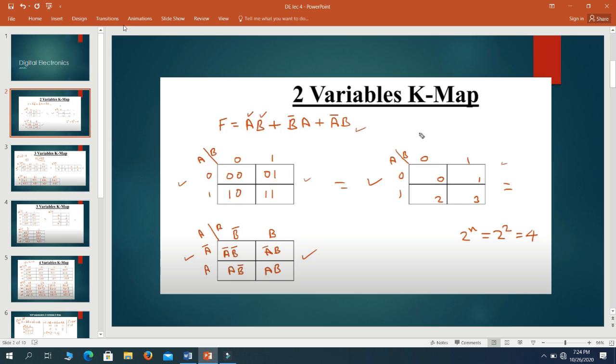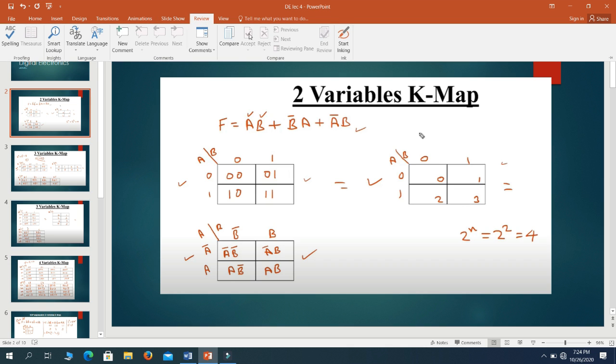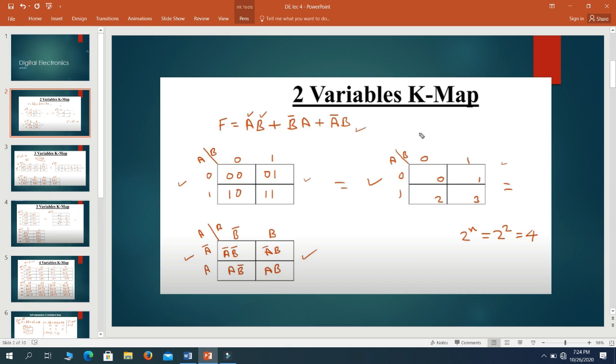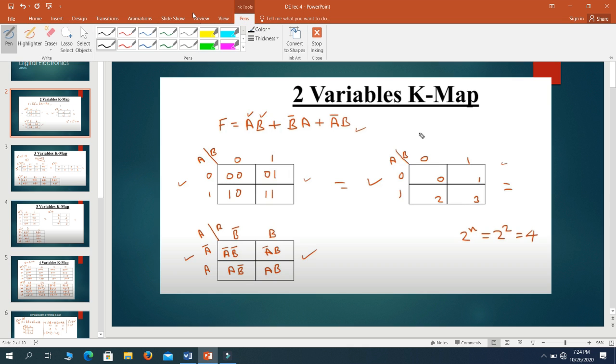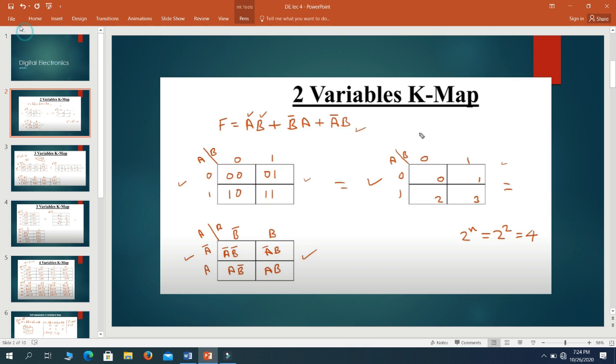Give me a minute. Let's pick the highlighter. What I'm trying to say is, let's say we are given this function.